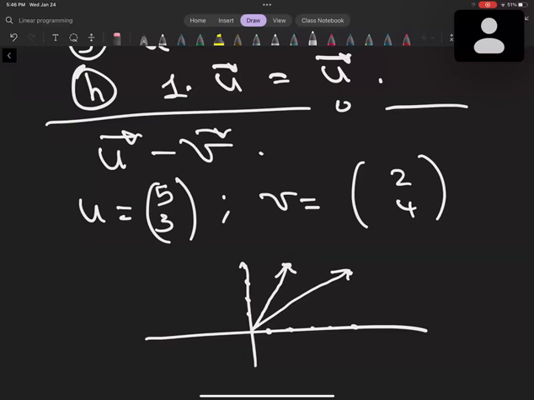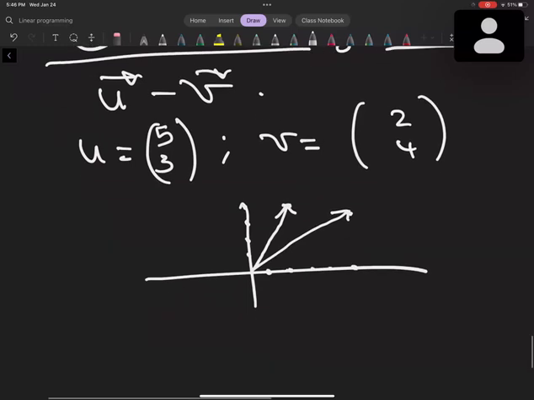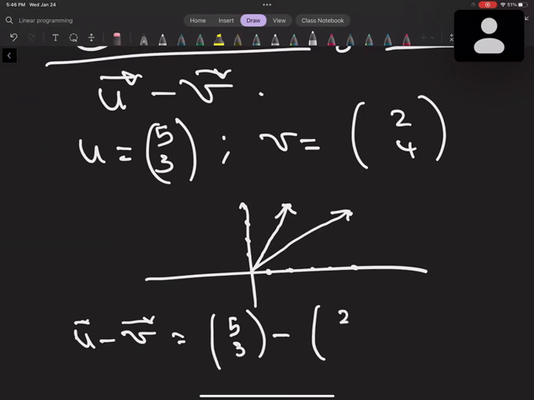So now the difference, so we do u minus v. So I write (5, 3) minus (2, 4). And this is 5 minus 2 is 3, and 3 minus 4 is minus 1.